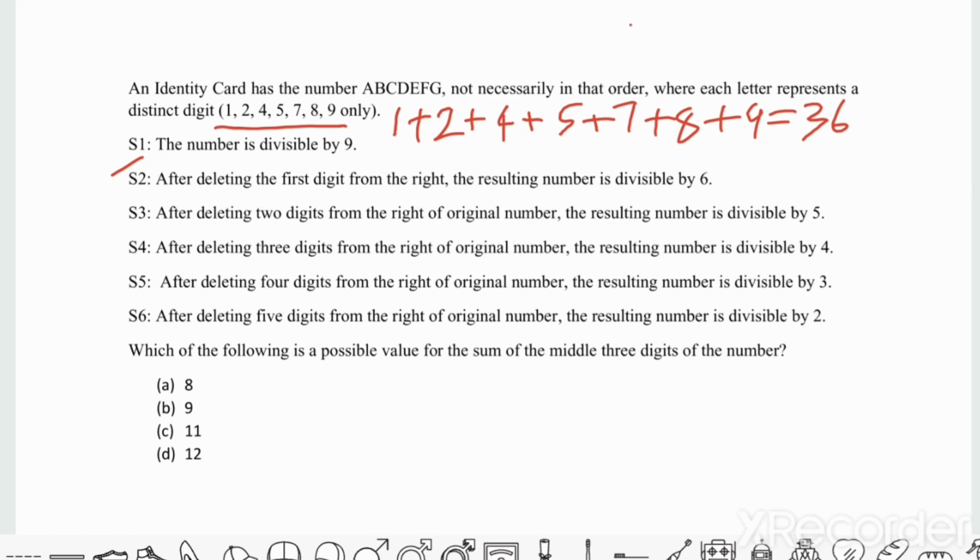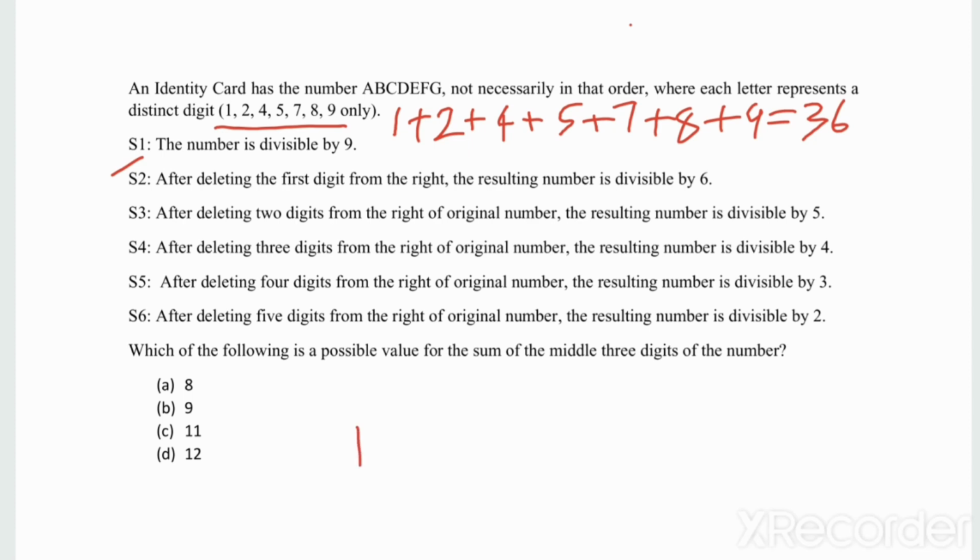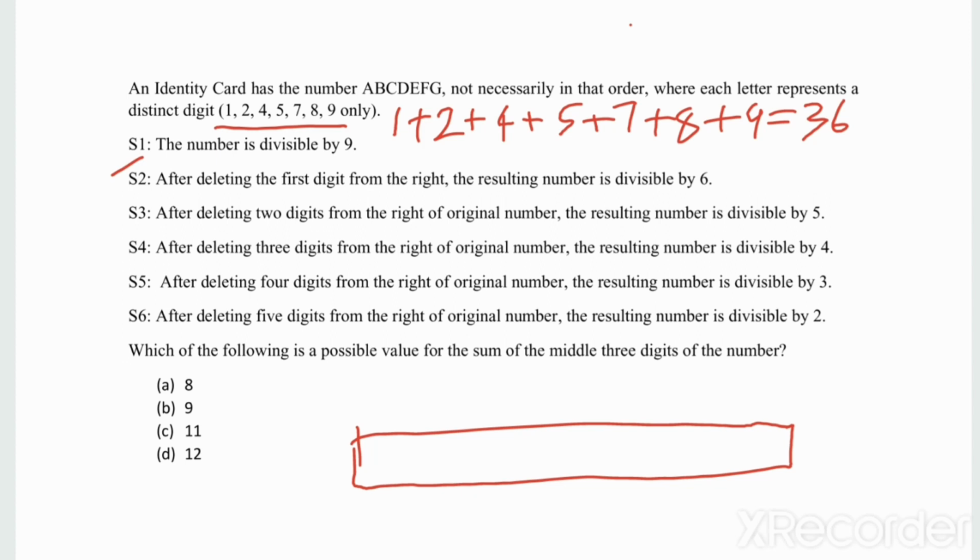Now see the second statement. After deleting the first digit from the right, the resulting number is divisible by 6. Suppose these are the 7 digits. After deleting the last digit from the right, the resulting number is divisible by 6. What is the divisibility test for 6?